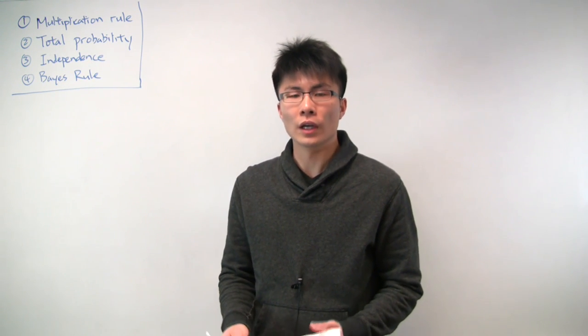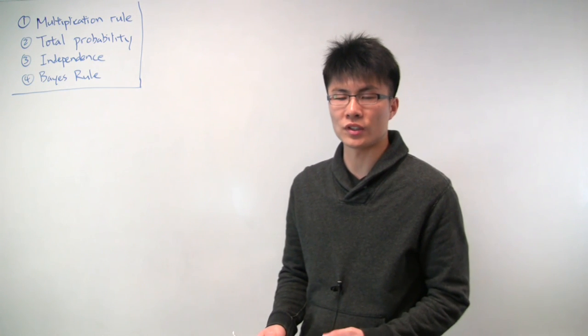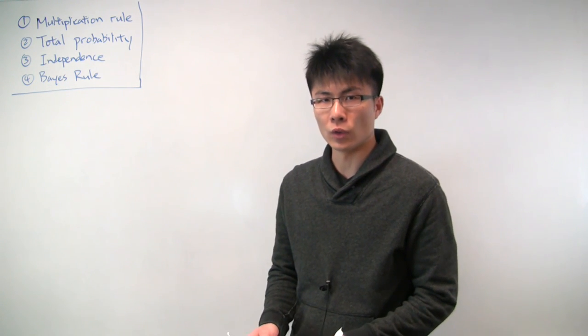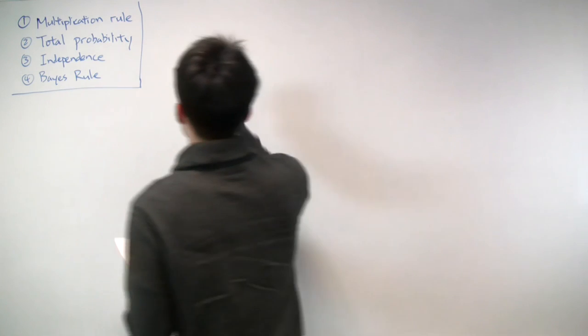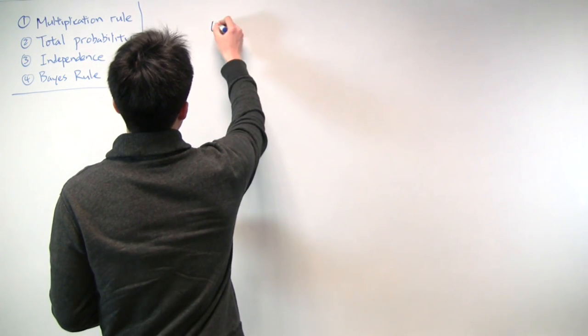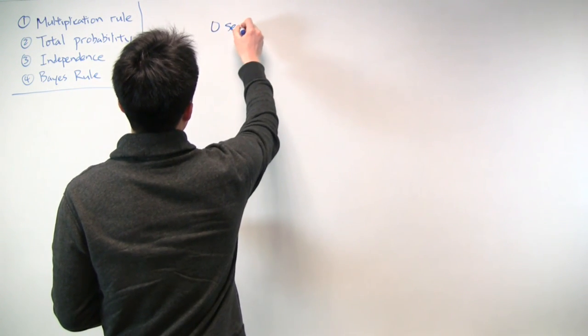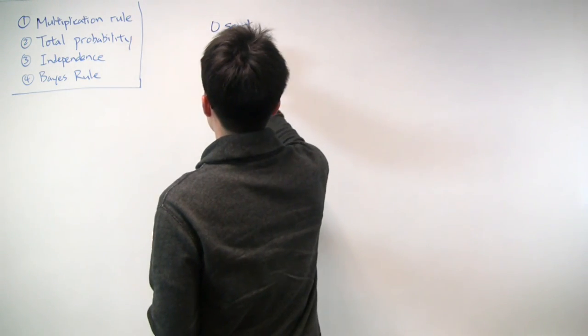Okay, so here in this problem, we actually have a probabilistic model of this channel and the noise that hits the channel. So what we have is, what we're trying to send is either a 0 or a 1.